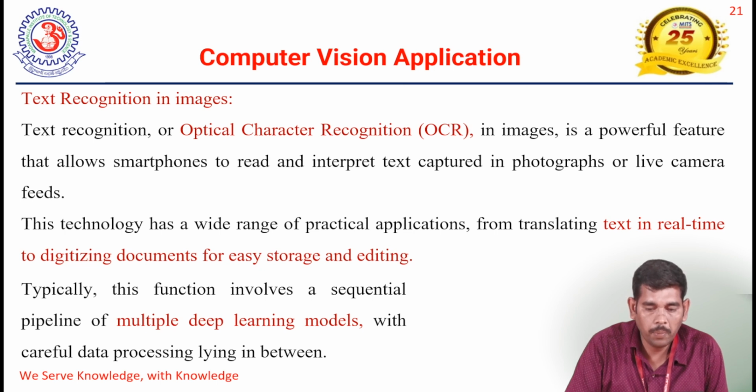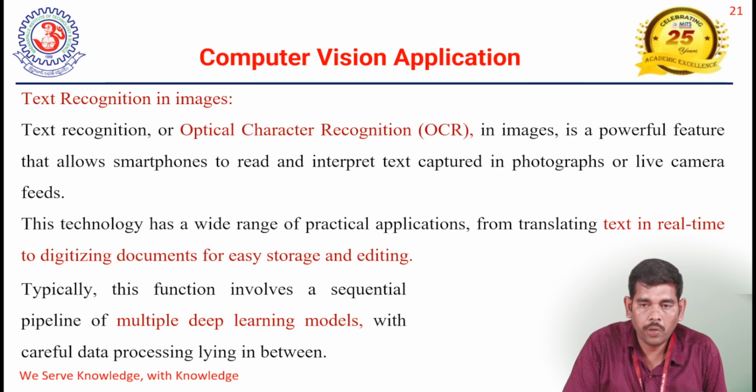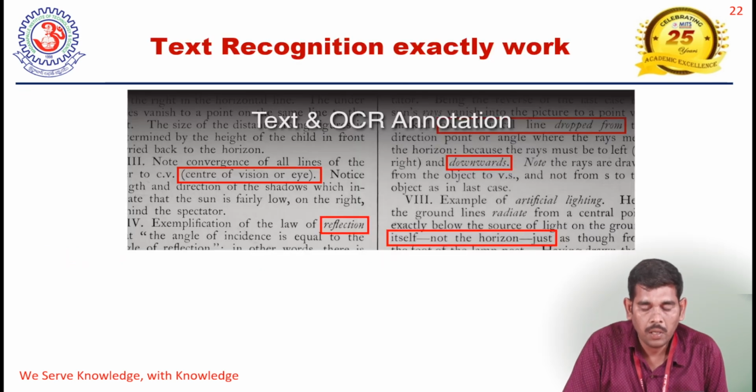Multiple deep learning models are at work, for example autoencoder models, sequence-to-sequence models, and vector-to-word models, with careful data pre-processing. For example, in this text image, you first recognize the text, then after some annotations you change to the translation. The text recognition is highlighted in red boxes.